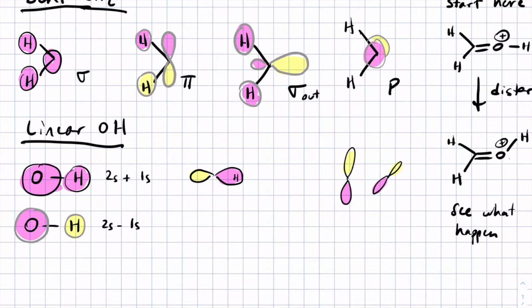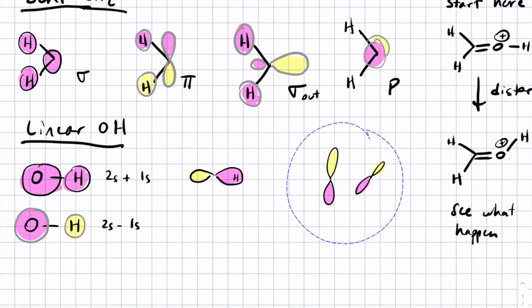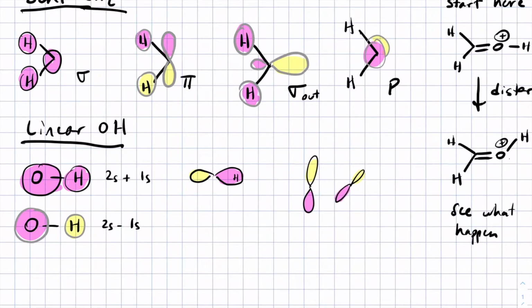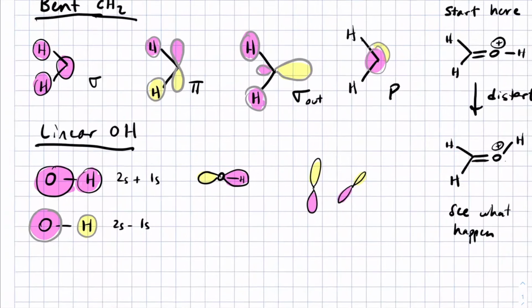And then you have left over two p orbitals that are orthogonal to this one. This one lies along the bonding axis between oxygen and hydrogen, and these two are orthogonal to that. Okay, so those are what we can bring to bear on this problem.